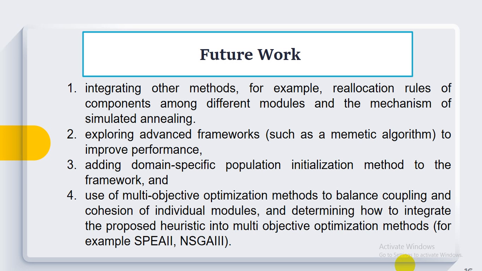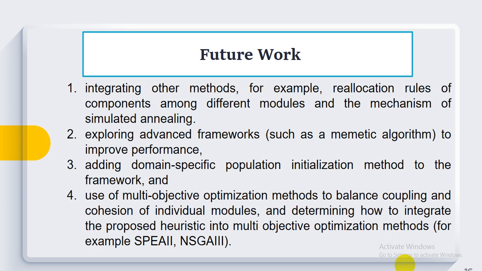And this is the future work based on this. The first is integrating other methods, for example, a reallocation rule for components among different modules and the mechanism of simulated annealing.